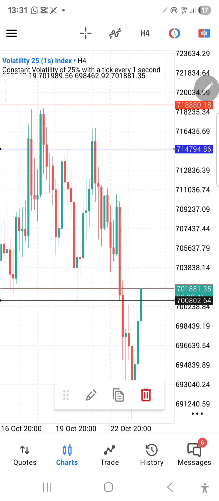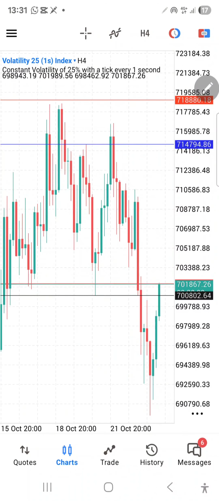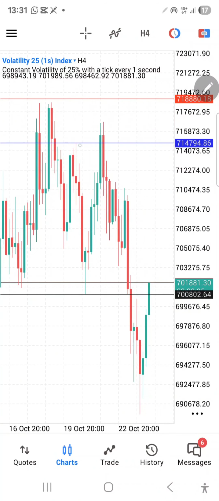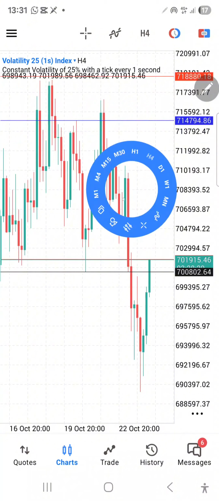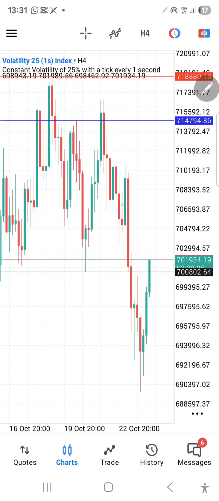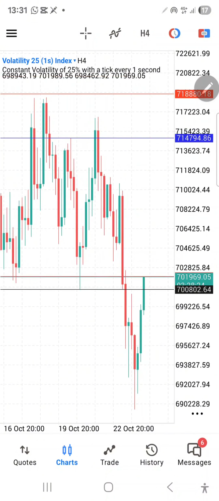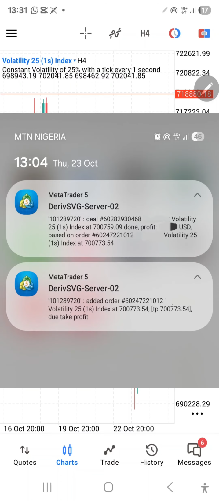Some people call this inducement, but I prefer to call it liquidity. So I went in on my entry. I used a pending order, placed my entry here. My stop loss was above my protected high, and I targeted my TP here. Boom. And that was how this trade gave me the money it was owing me.